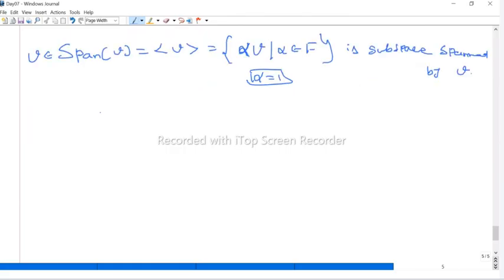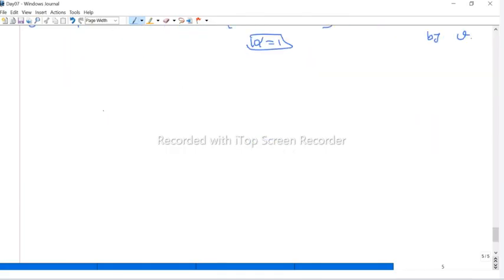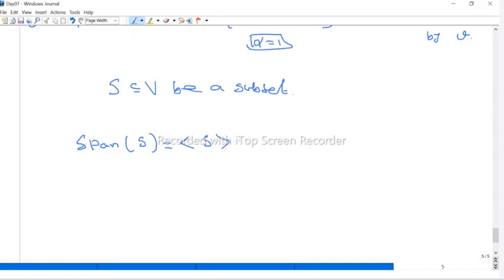Okay. Suppose instead of taking a single vector, I am taking S, a subset of V. It's just a subset, not a subspace. Now we can produce a subspace containing this S. That is called the span of S, the spanning set S. In notation we can write span S, or sometimes L of S. These are equivalent names.